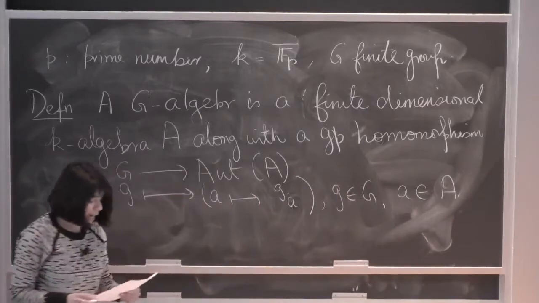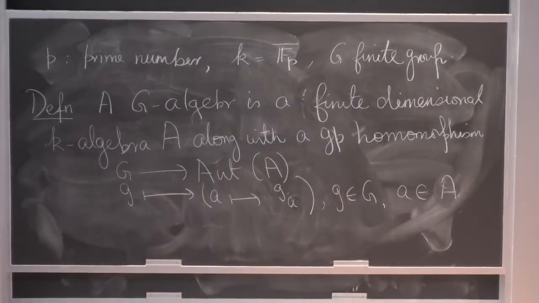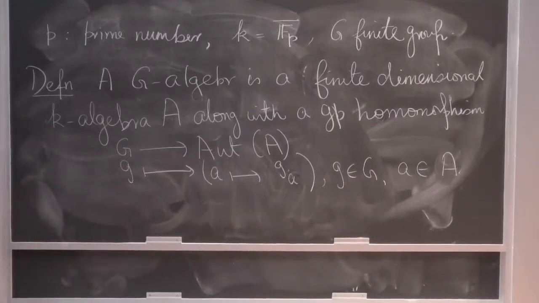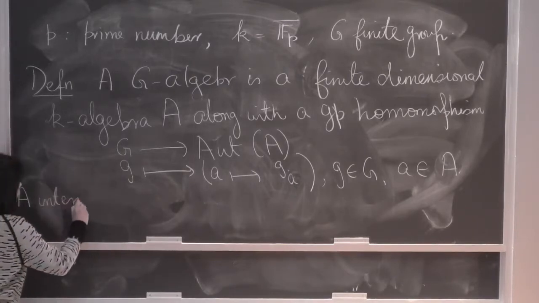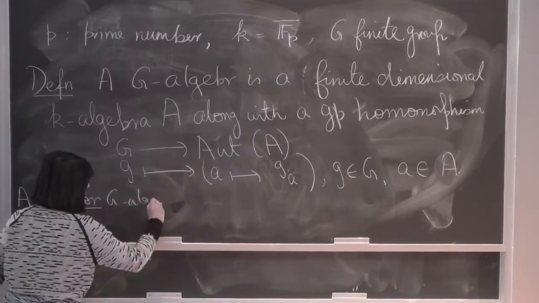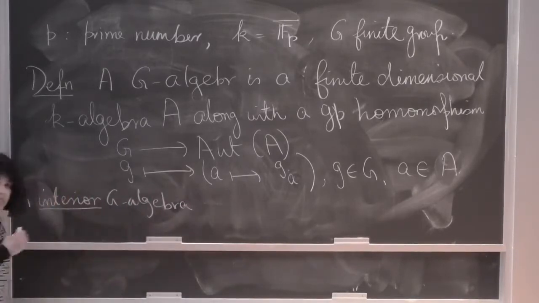Okay, and actually I want to put this up one level. So there's a notion of an interior G-algebra. We'll say A is an interior G-algebra if it's a G-algebra, but the G-algebra structure is really coming from inner automorphisms.